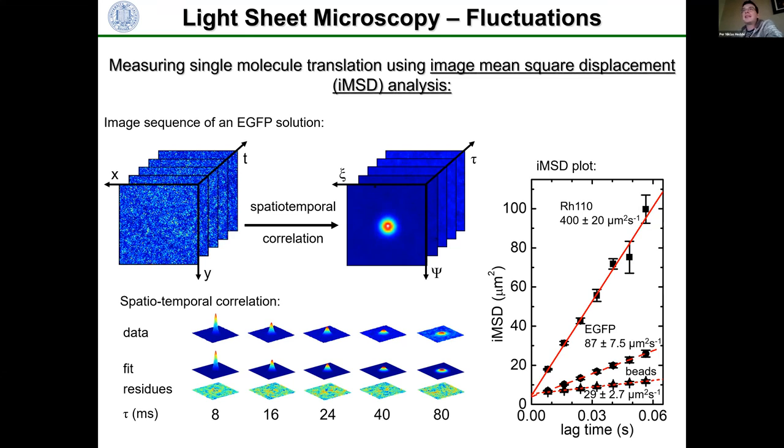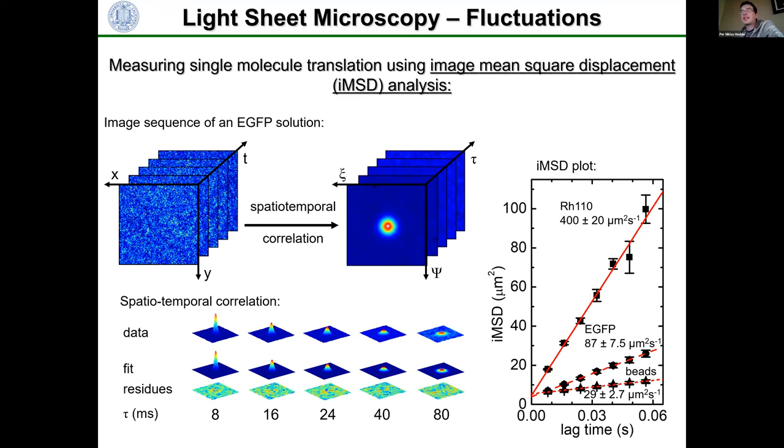Instead, we collect many, many frames very fast as a function of time. And then the time structure lies within this additional dimension, the frame-to-frame correlation, which we were not considering in RICS, for example. So we calculate the spatial temporal correlation of this set of images.